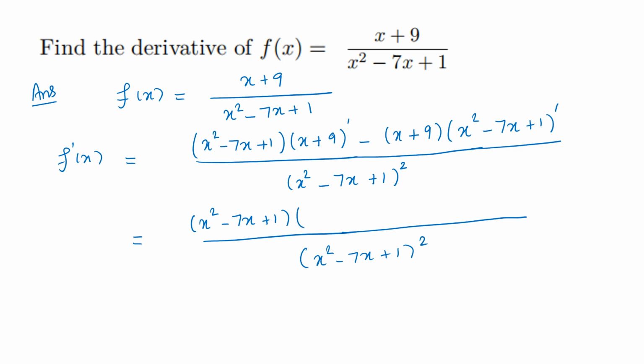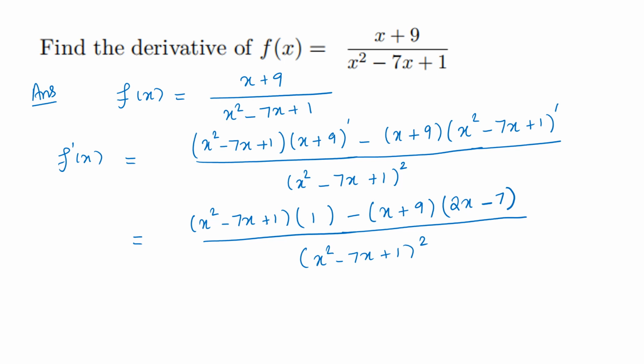X derivative is 1, 9 derivative is 0, so 1. Minus x plus 9 times the x square minus 7x plus 1 derivative. X square derivative 2x, minus 7x derivative: 7 is the number, x derivative 1, so minus 7. Then plus 1 derivative 0, so no need to write 0.